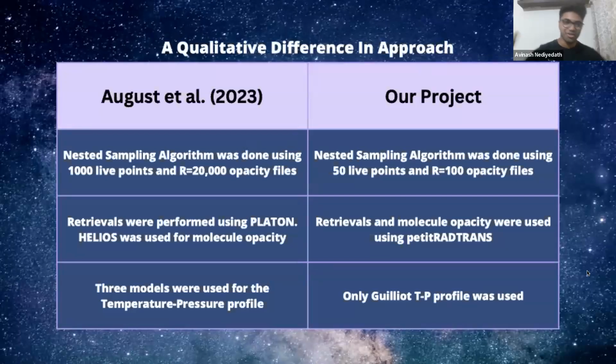We do not have huge 24 core processors to work with. Even the retrievals in August's paper used a different pipeline, whereas we used petitRADTRANS. 3 models were used for the temperature pressure profile, whereas we used only the Guillot temperature pressure profile.